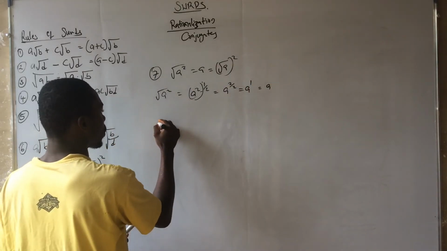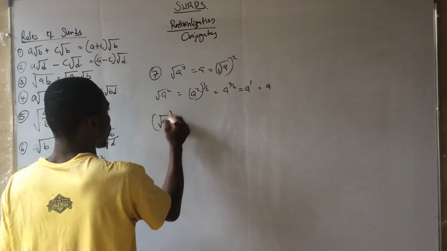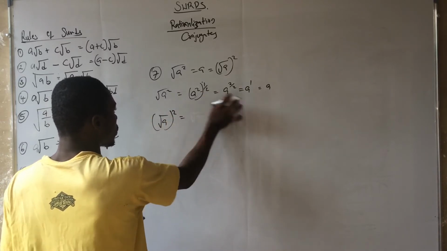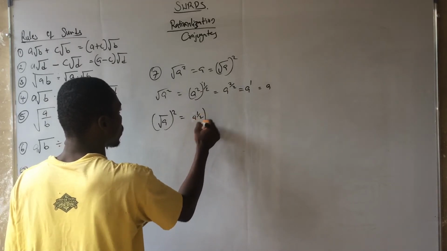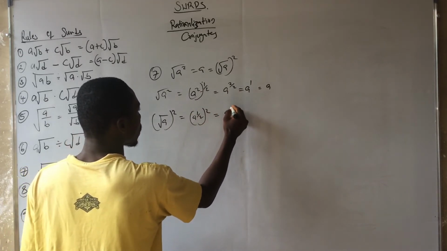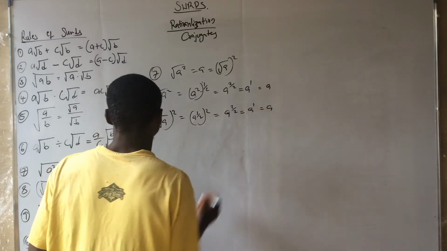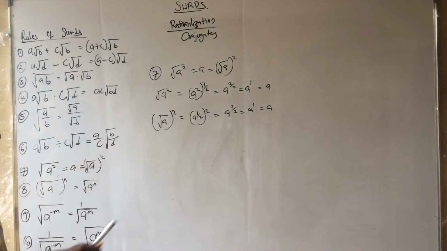This one again, root a all squared, to be equal to a to the 1 over 2, all squared, equal to a 2 over 2, equal to a raised to the power 1, equal to a. So that is not very hard to see.